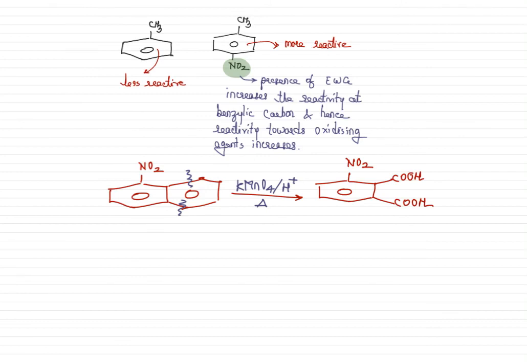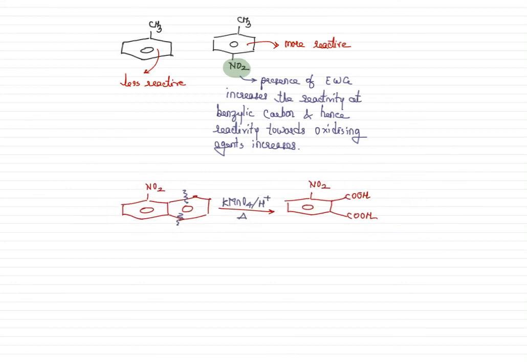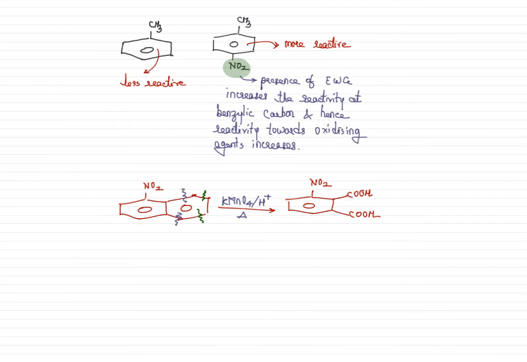There could have been reactions on both the sides. The same reaction would have happened to these bonds also. It is actually these bonds which break down and not these bonds.